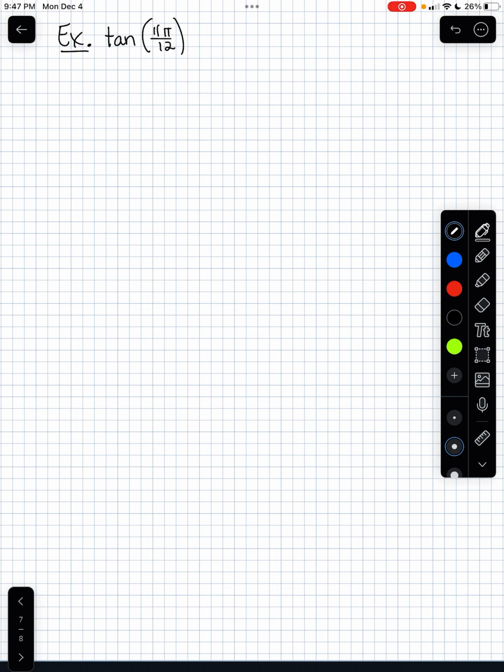As it turns out, we're going to need some that are perhaps a little bigger than what we see in the first quadrant alone.